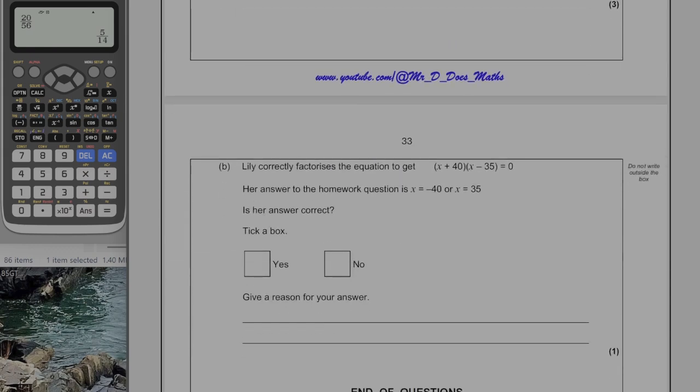So I'm going to say no. We can't have a negative length. So her answer is just 5 centimeters.